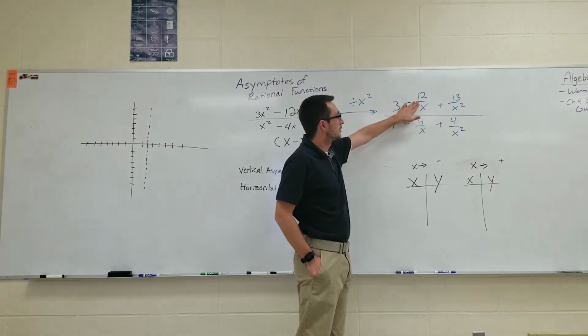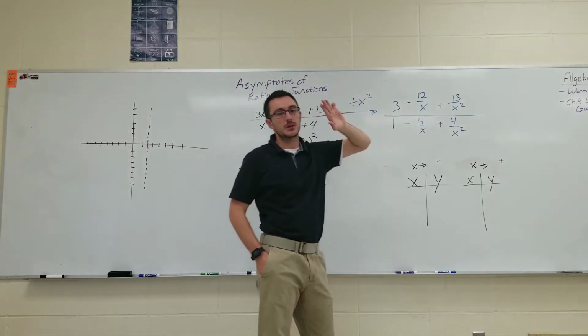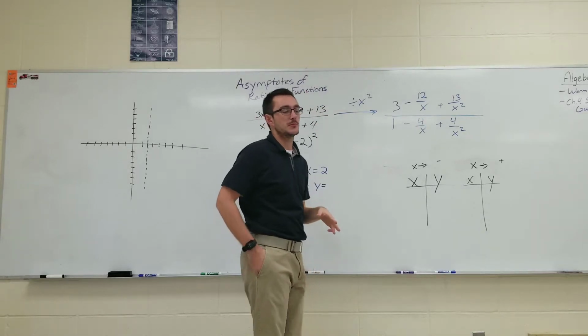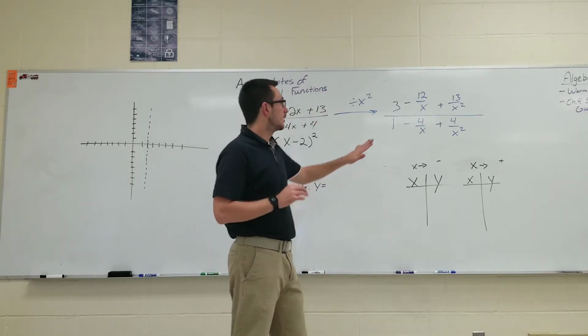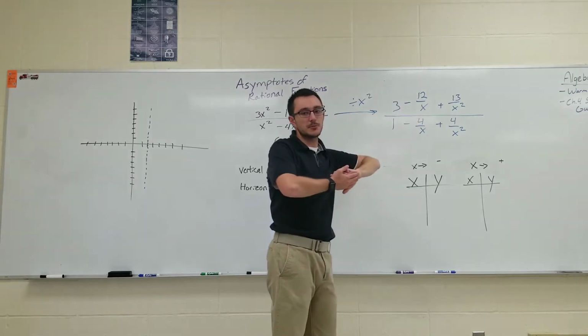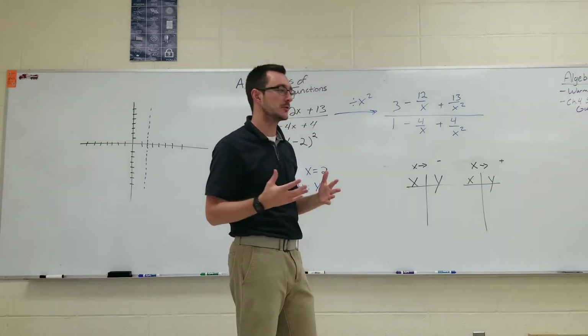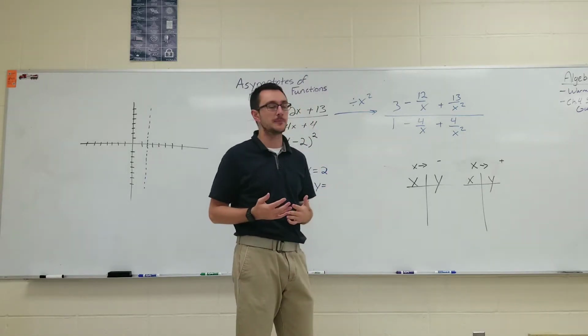If we take any relatively small number like 12 or 4 or even 13 and divide it by infinity, the biggest number you can think of, it's going to get so close to 0, like 12 divided by however many numbers you can type in on your calculator, that we're just going to count it as 0.